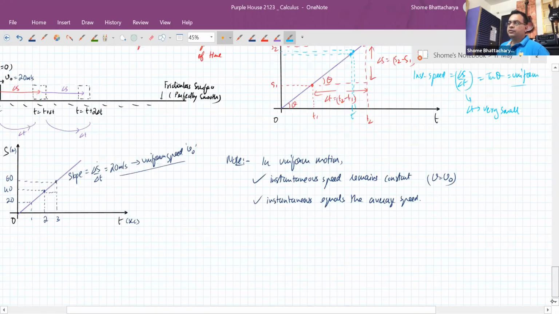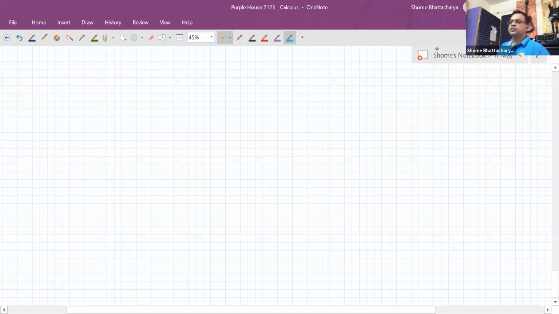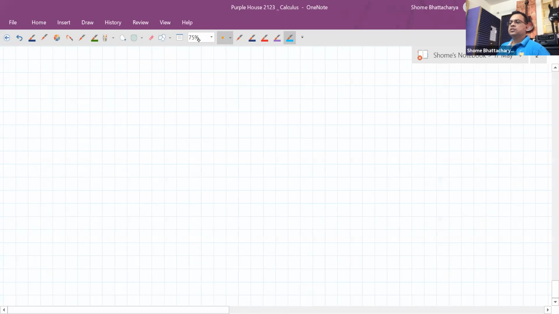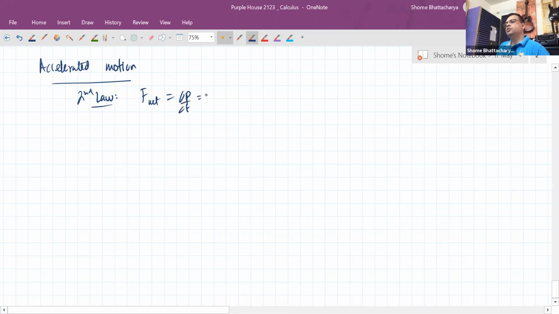Now, if you observe the difference between this and the case of the falling apple that Newton had observed, you'll see there's a huge difference. In the case of a falling apple, we look at an accelerated body. So we come to the application of Newton's second law: there must be some net force acting on it, which is equal to the rate of change of momentum, which becomes mass into acceleration if the mass of the body is constant.